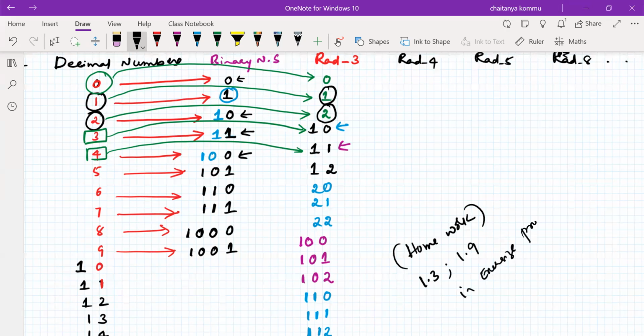Download the soft copy and solve the 1.3 question and the 1.9 question. It's very easy, given for practice purposes. Please try to do it. Let me check whether 1.9 is fine. Yeah, it's a decimal number system. So for any number system to decimal number system, whatever topic we have discussed, I have given 2 questions, please try to do that. Okay, we stop here today.